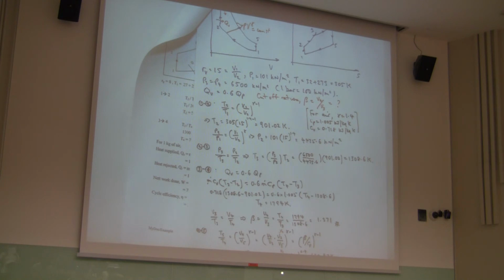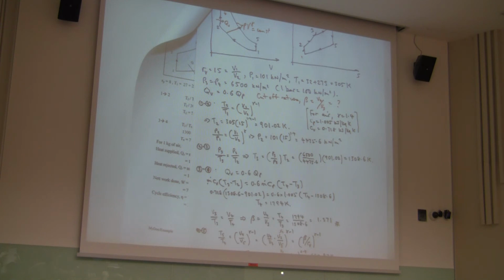Alright, so T4 is very special now because you are given the amount of heat transfer, right? It's a fraction of the others, right? Something like 60% or what, is it? Let's look at the question, right?